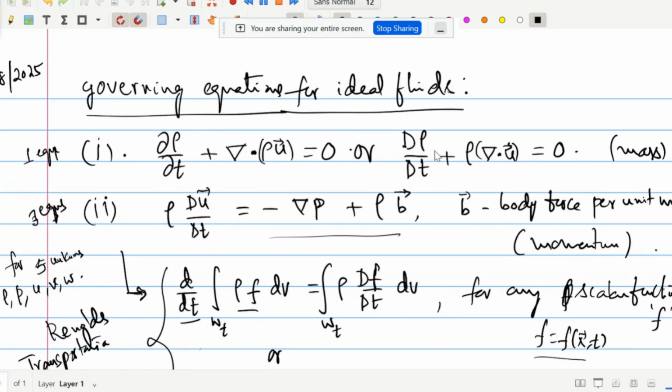Then, mathematically, the total derivative of the density is 0. Once you put that into your mass equation, it becomes del dot u equal to 0. So you have two equations in the incompressible fluid: D rho by Dt equal to 0, and del dot u itself is 0. If you consider these two, you will get your 5 equations for 5 unknowns. Do you understand this point?